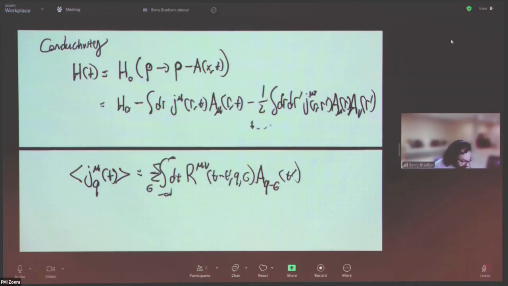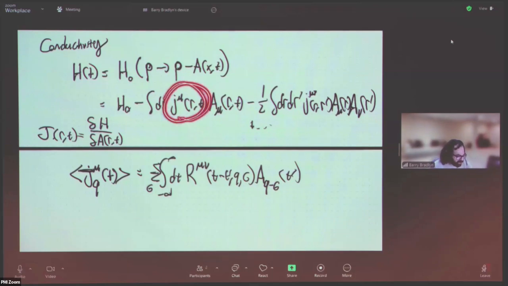But then we also have another linear contribution to the current, which we define as the derivative of the Hamiltonian with respect to the vector potential. So there's going to be a linear response piece where we just look at the change in little j.